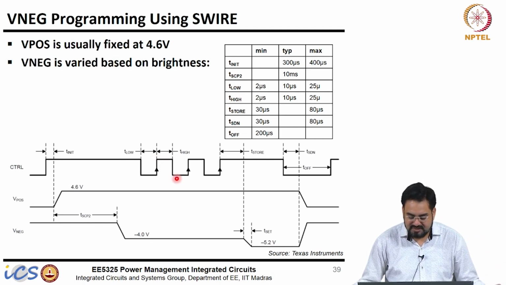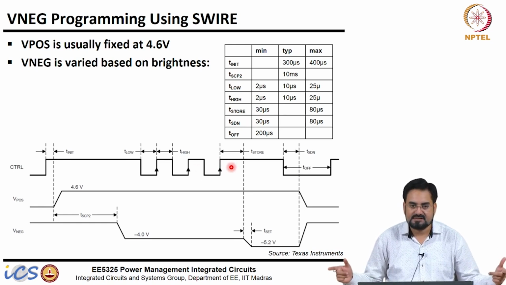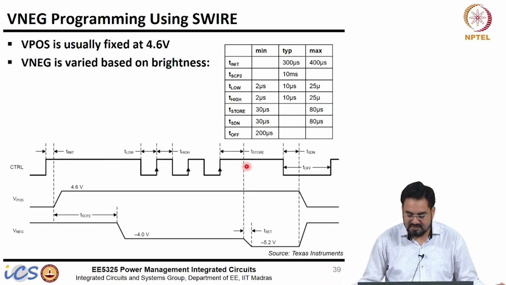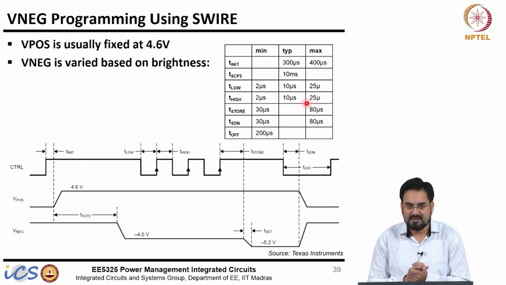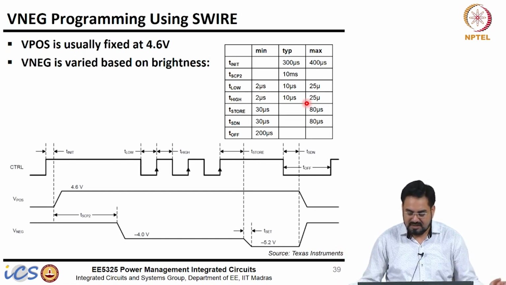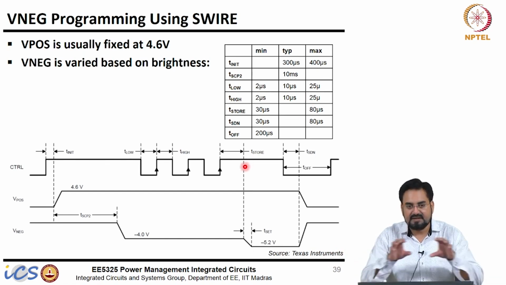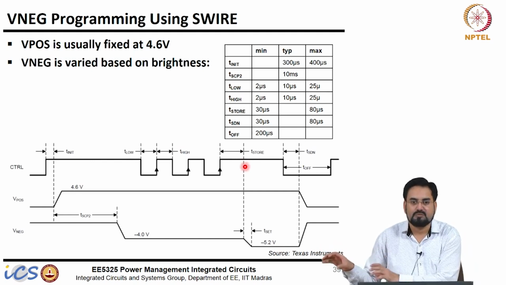Okay. And then after that it will keep counting, and the reason we have 25 microseconds is because 30 microseconds is the store. So after 30 microseconds, if no pulses come, then it will act as store. Within 30 microseconds, if you get one more pulse, then it will keep programming, and only after 30 microseconds will it latch the output.